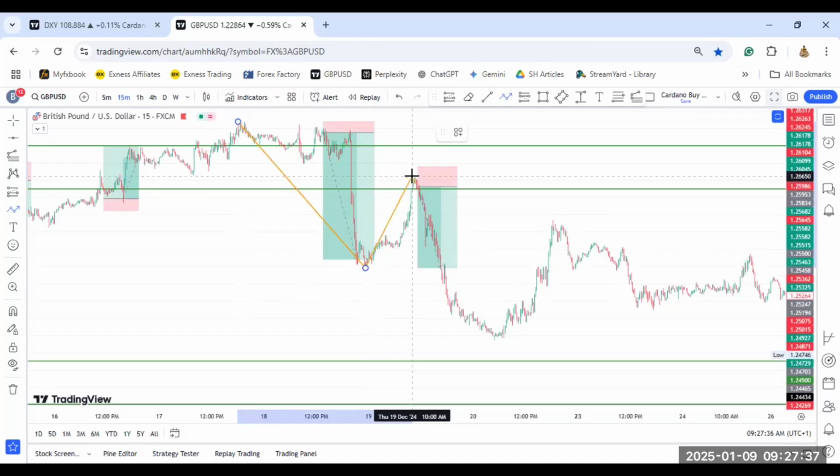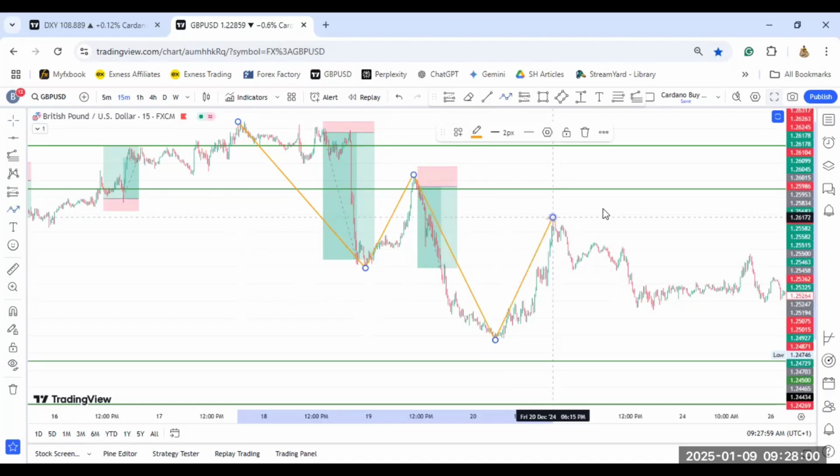So a pullback is price pulling backwards. And then from there, it continued the movement to break this low to another low. And then there was another pullback again, or you will call it a retracement, as some people call it. And price will keep moving in that direction.